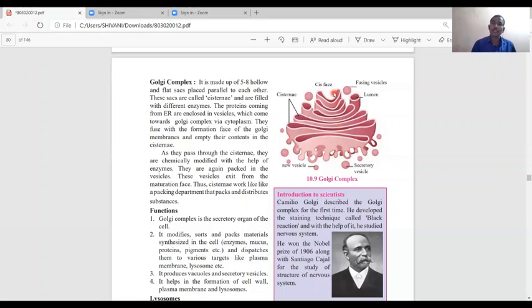Now such vesicles exit from the maturation phase of the Golgi complex. This is the maturation phase of the Golgi complex, and the vesicles fully filled with modified proteins exit from it.